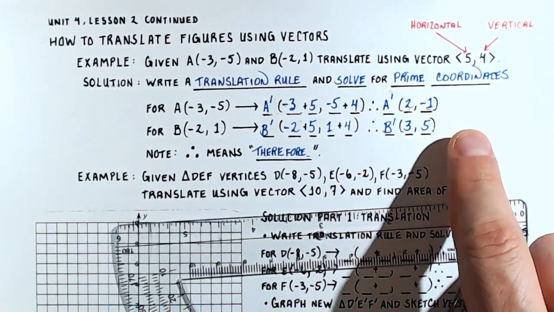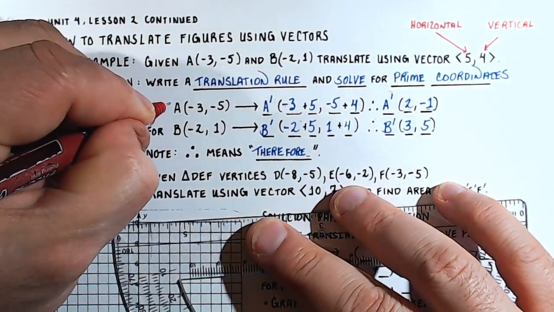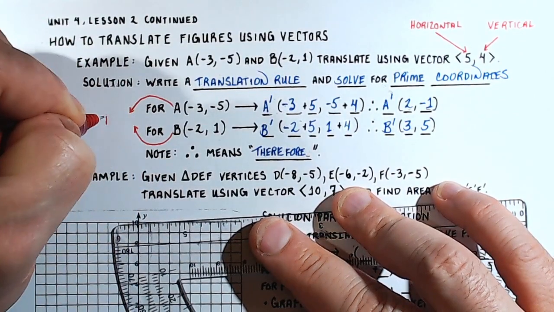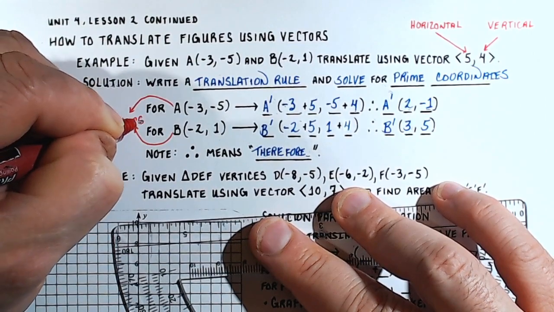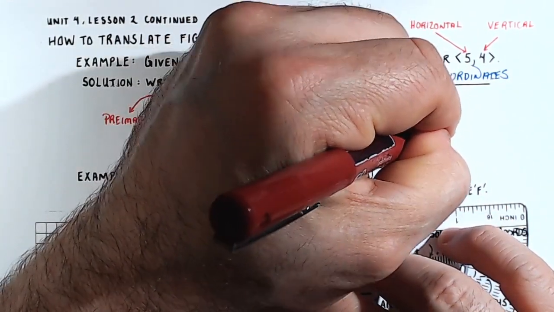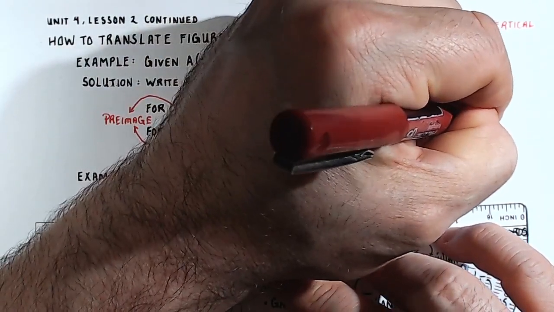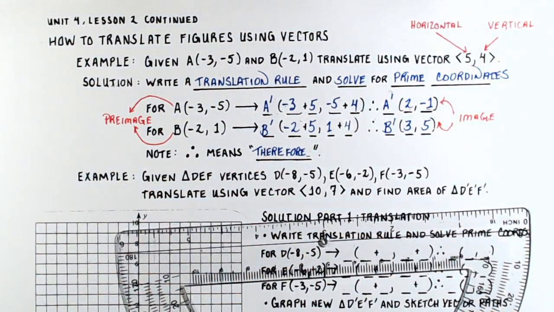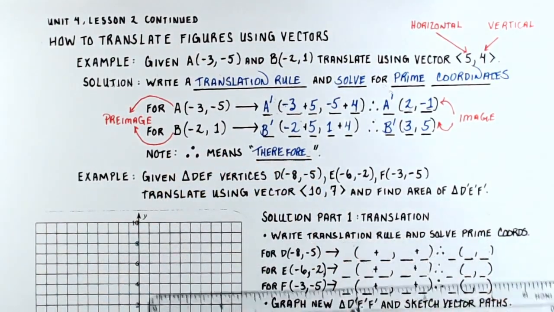These are the coordinates of the pre-image, and these are the coordinates of the image after translation. That's the bigger idea here. Remember, these 3 dots mean therefore.